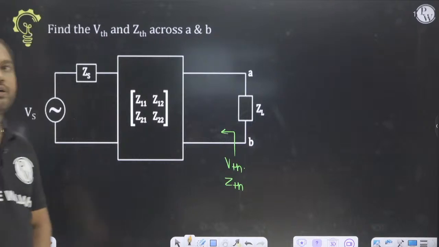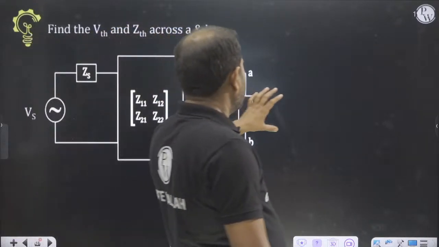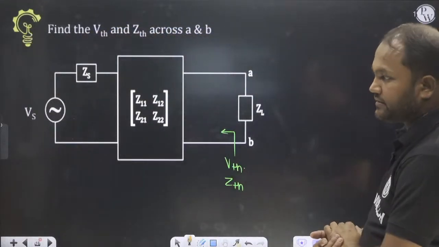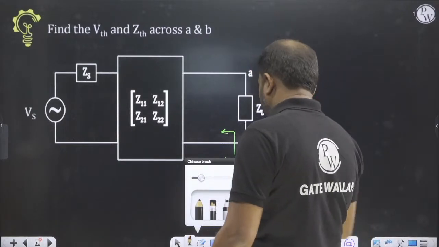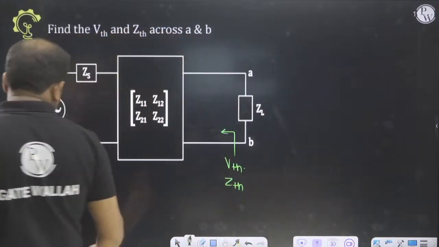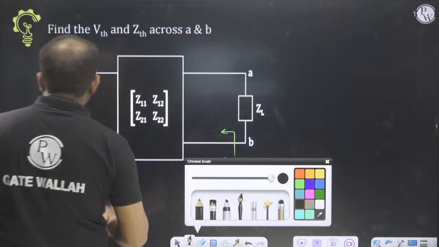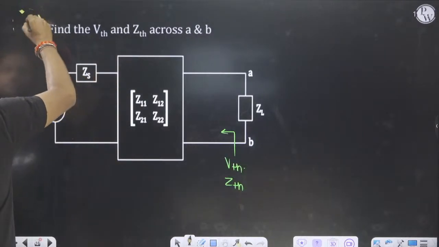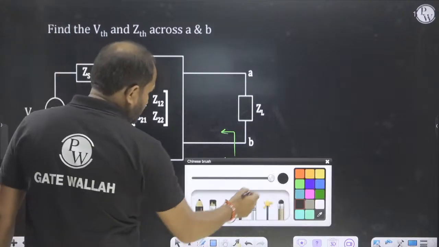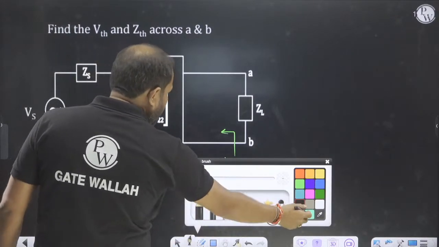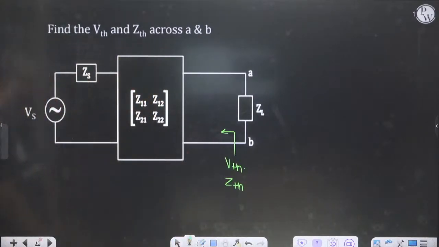So for VTH, what will we do? For VTH, ZL is taken as open circuit. So I will make open circuit here.